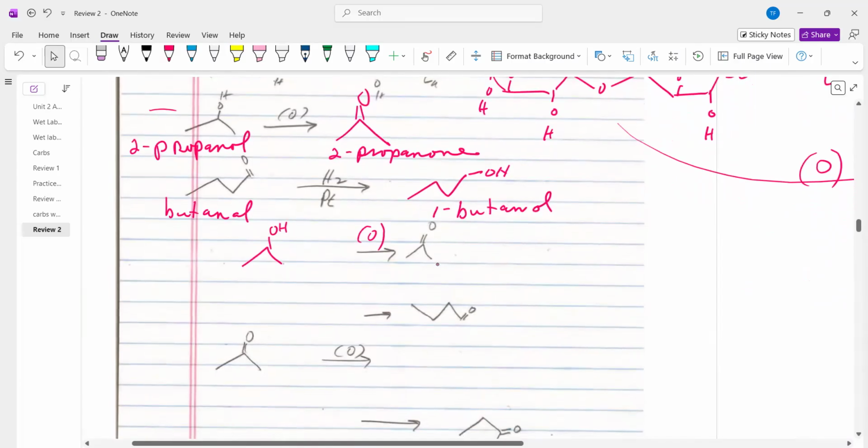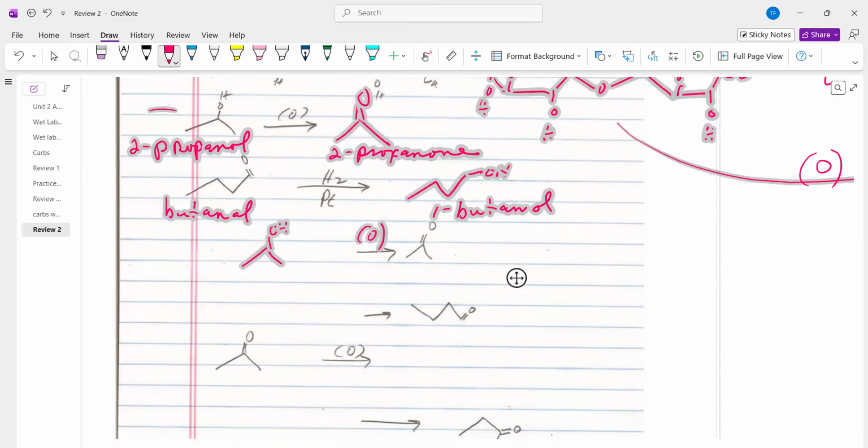Okay, here is an aldehyde, so we need to oxidize a primary alcohol.